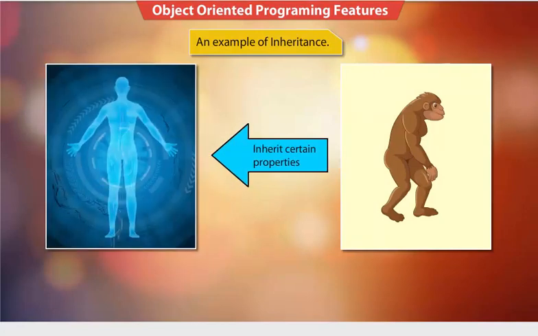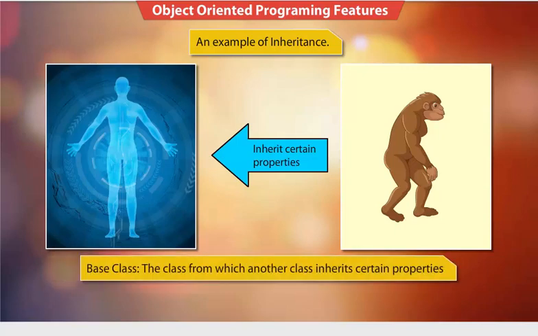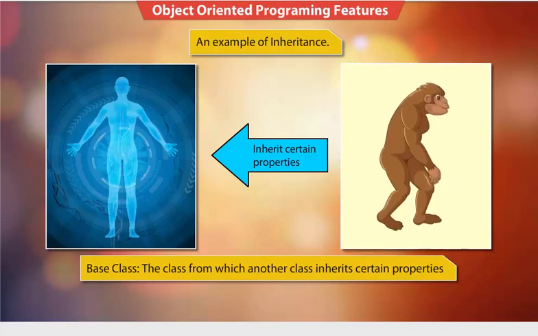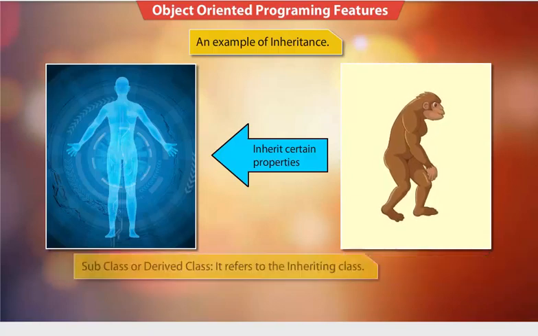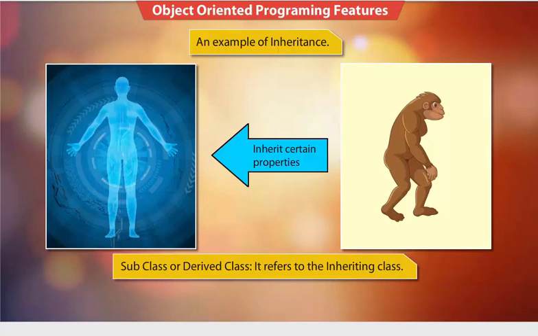The class humans has certain properties which are inherited from the class apes. The class from which another class inherits certain properties is called a base class. In this example, ape is a base class. Similarly, the inheriting class is called a subclass or derived class. In this example, human being is a subclass.